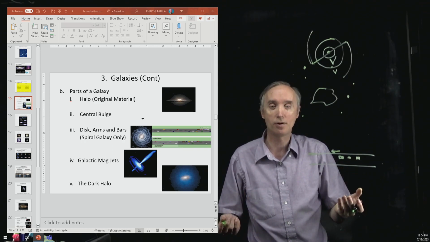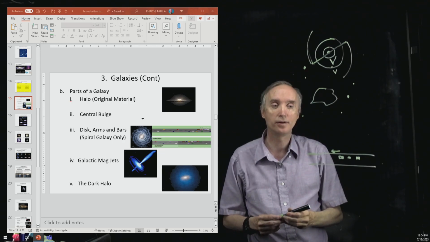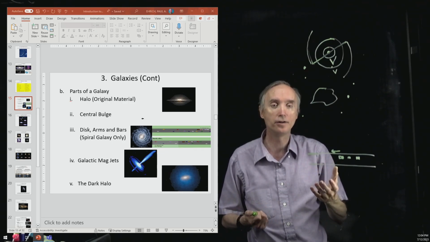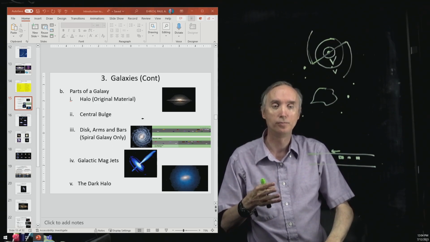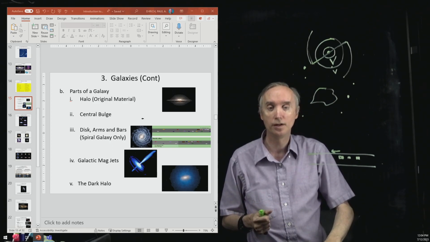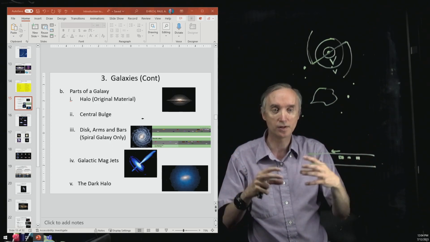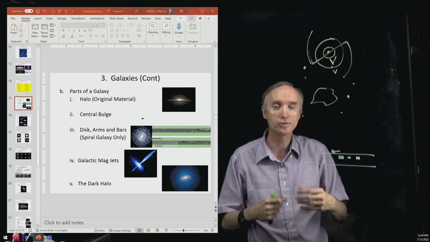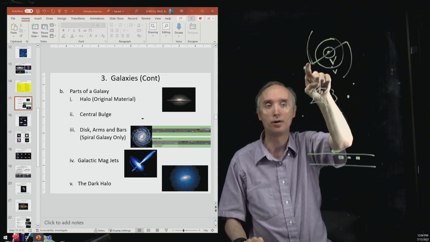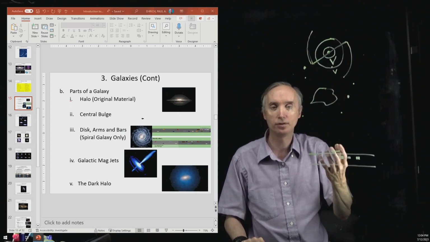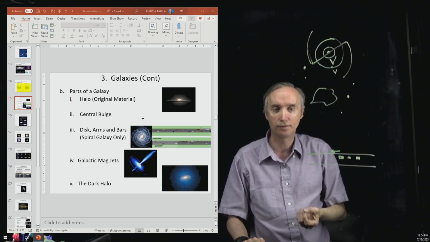What causes the bars? That is an area of ongoing research. So I'm going to show you here in a few moments a video that shows two galaxies colliding. And if you look closely at that video, you might see a structure that kind of looks like a bar. So it might have something to do with the density of the galaxy.